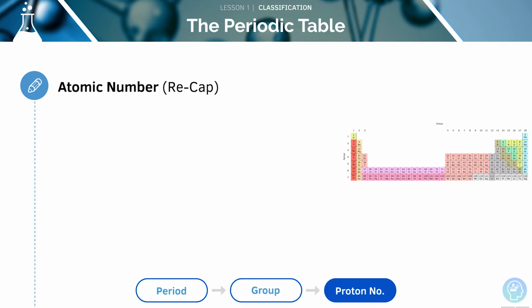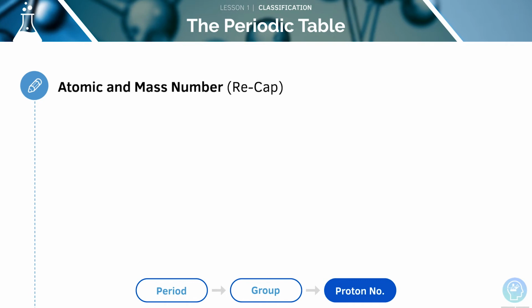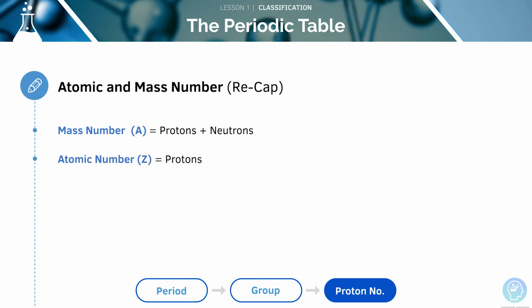Now let's look at atomic number. This will determine exactly where we find the element within the periodic table. This is also called the proton number. Now let's look at the atomic number and the mass number together. The mass number is the number of protons and neutrons, whilst the atomic number is simply the number of protons.